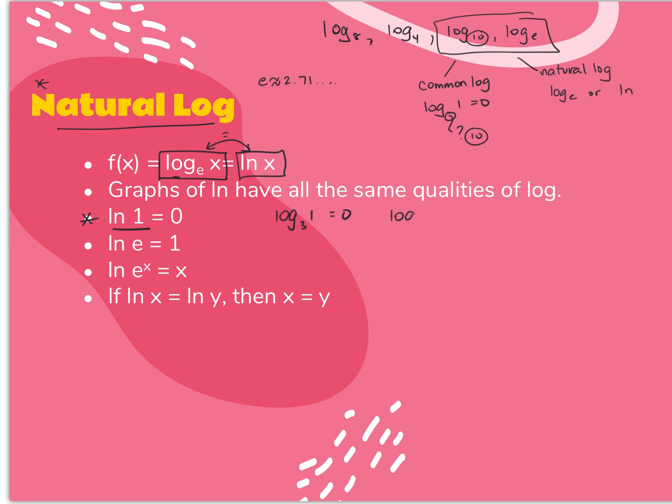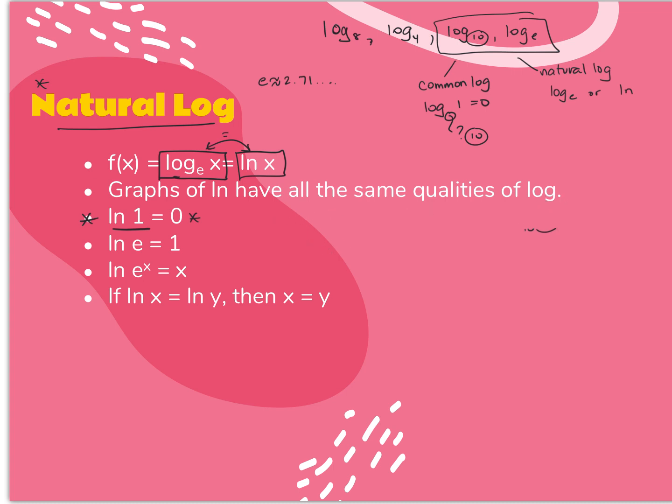If I have log base 10 of 1, that also equals 0. If I just write log 1, it equals 0, because I know this is a 10, and 10 to the 0 power is 1. And again, if I have log base e of 1, I know that it has to equal 0. So this, again, is a property that we're going to apply to all logs, including natural.